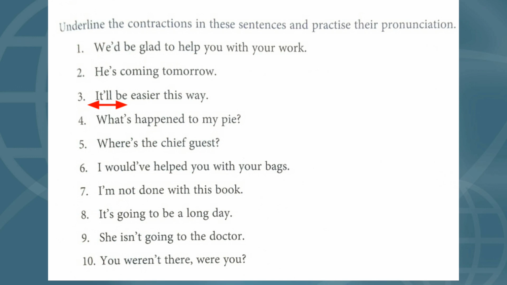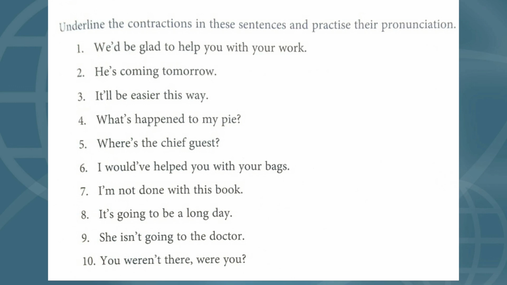Next one, what's happened to my pie? Instead of what is happened to my pie, what's happened to my pie? Next, where is the chief guest? Instead of asking where is the chief guest, where's the chief guest? Next, I would have helped you with your bags; I'd have helped you with your bags.